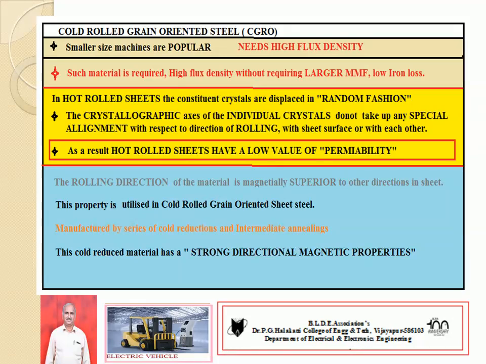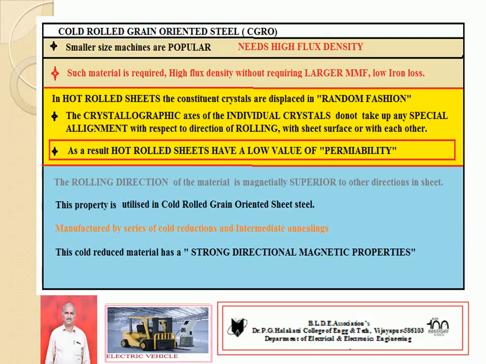Such materials are required with high flux density, without requiring large MMF, and with low iron loss. This is one property required. If MMF increases, that means the design of the field winding becomes costly.